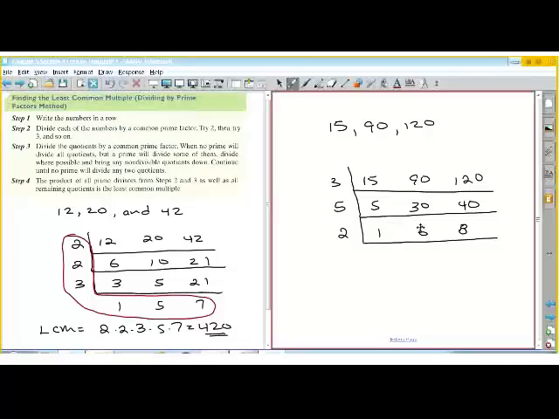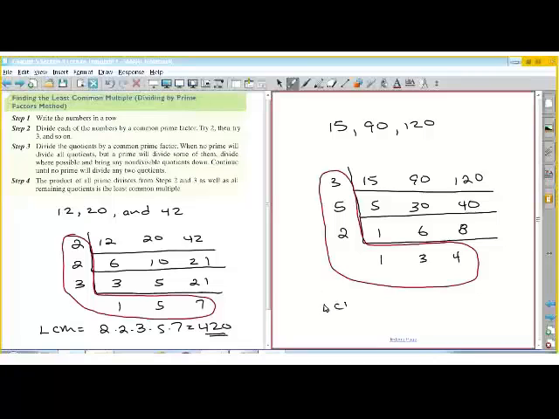I don't divide this one by 2 because I can't, so I bring it down. 6 divided by 2 is 3, and 8 divided by 2 is 4. Now there's no common factor I can divide both of these by. I can't divide by 2 because you can't divide 3 by 2. So I'm done at this point.